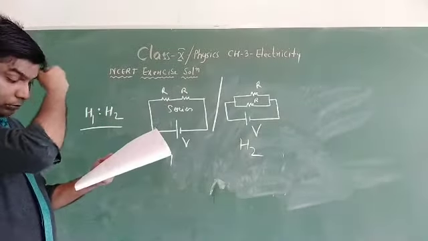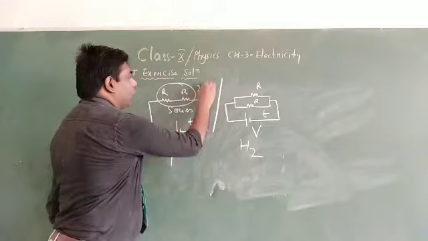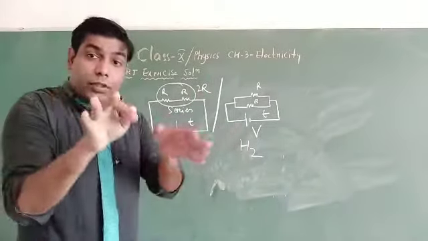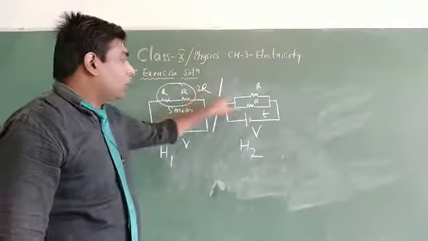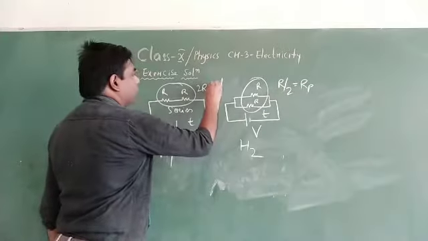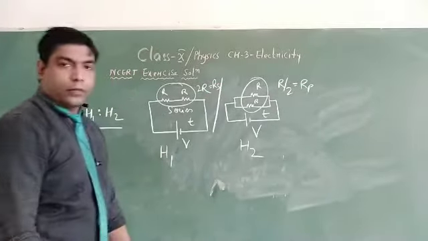Let the time also be the same, T. Here voltage is connected for time T, here also for time T. First we have to calculate the total resistance. In series the total resistance will be 2R, because in series resistance is the summation, R plus R is equal to 2R. Here in parallel the total resistance is Rp, equal to R by 2.